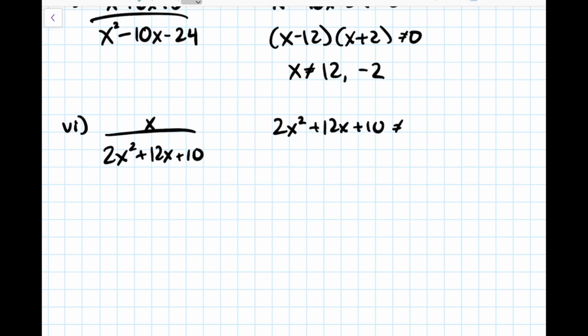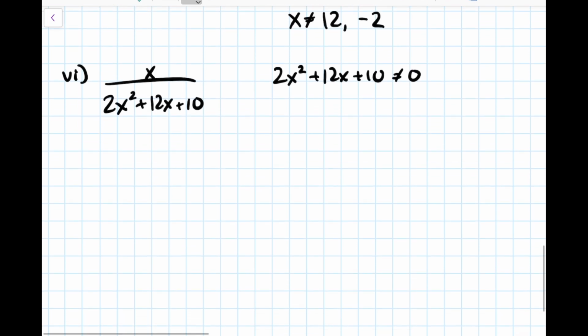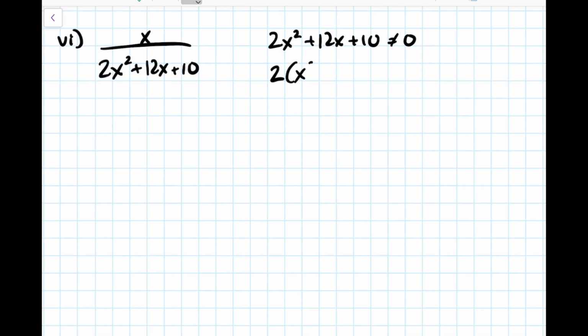Okay, so on this one, just as a quick refresher for your factoring, if you've got that number out front, that 2, there are 2 things that we can do. First, we always want to check to see if we can take out our a value as a common factor, because that is going to make our factoring much easier. And in this case, we can. So we're going to take out that 2, which is going to leave behind x squared plus 6x plus 5 cannot be 0.